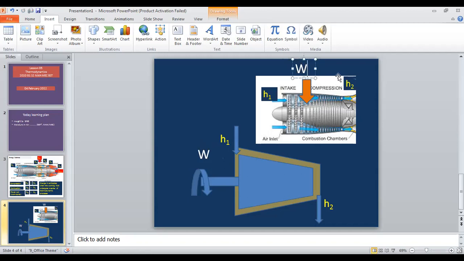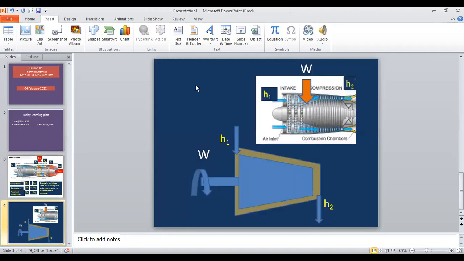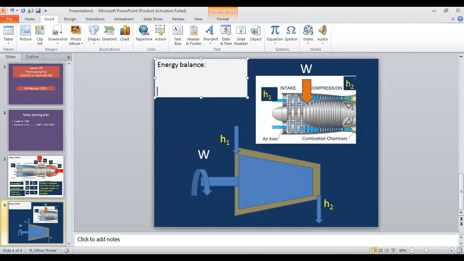Okay, now see. Here I mentioned about the energy balance. For this case, energy balance. So we are adding this W to energize. The air comes into the compression and we make it energized by compressing.